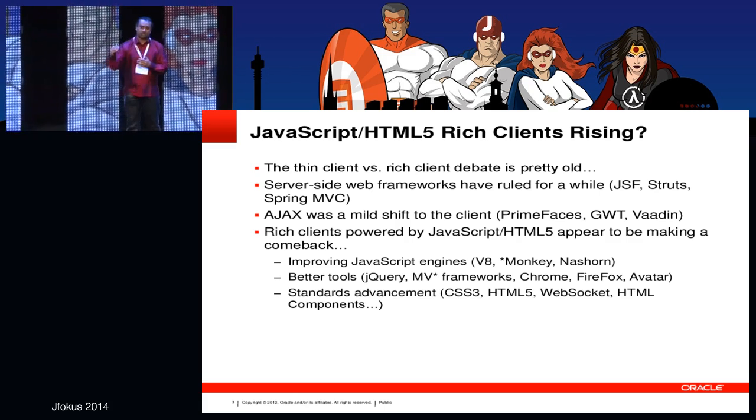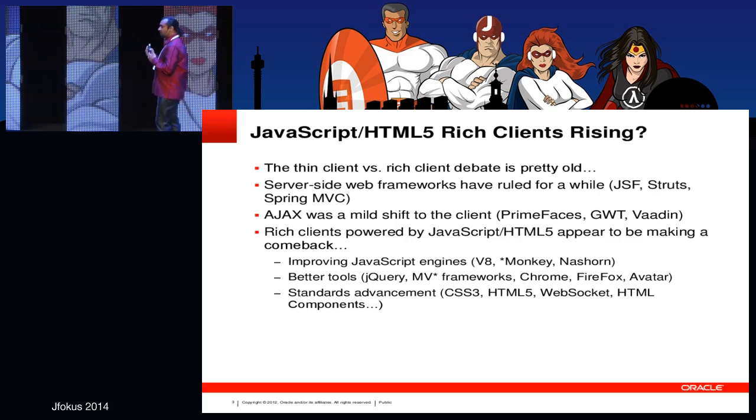We started in the mainframes, where terminals are really dumb and have no UI logic whatsoever, and all of the logic, including the UI logic, is on the server side. Then we went to the opposite phase, which is client-server architecture. You had very heavy clients installed on desktops, with UI logic and perhaps even some business logic, and perhaps not even a middleware server, talking directly to the database.